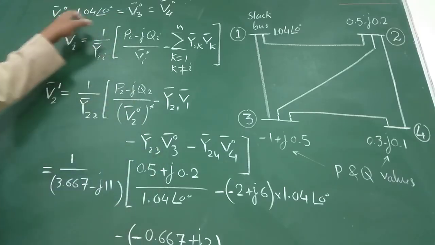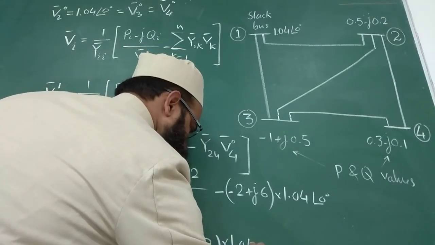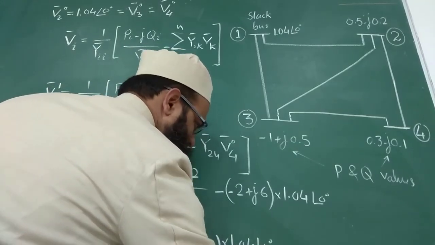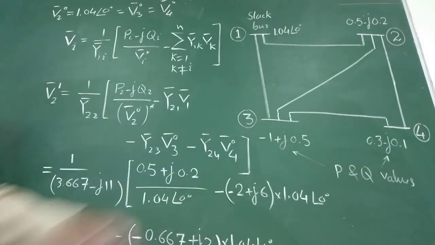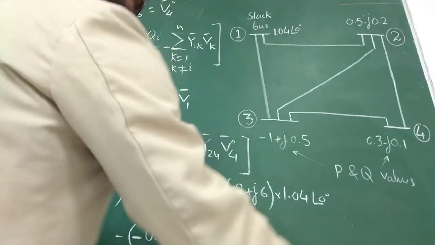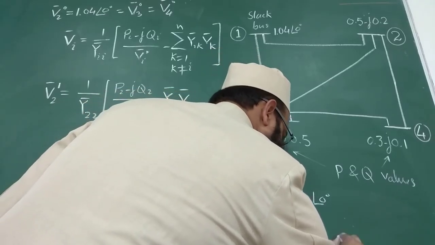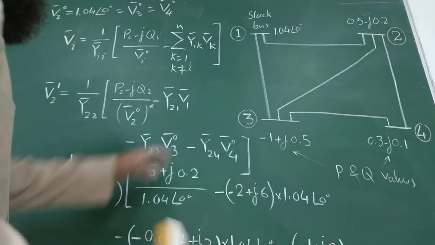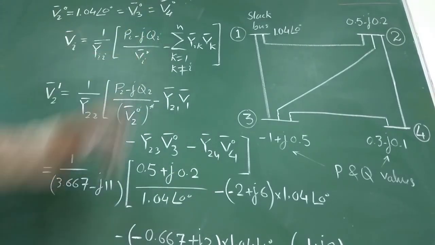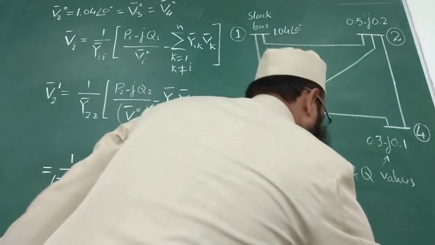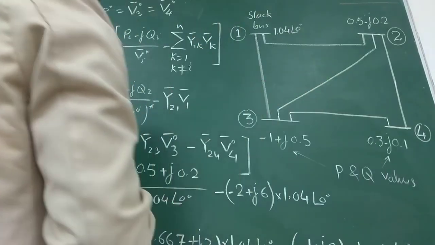V30 you have assumed as 1.04 angle 0 degree. So next one is the last one, Y24. Tell me the value of Y24. Minus 1 plus J3 times V40. So V40 is the same initial value, 1.04 angle 0 degree.